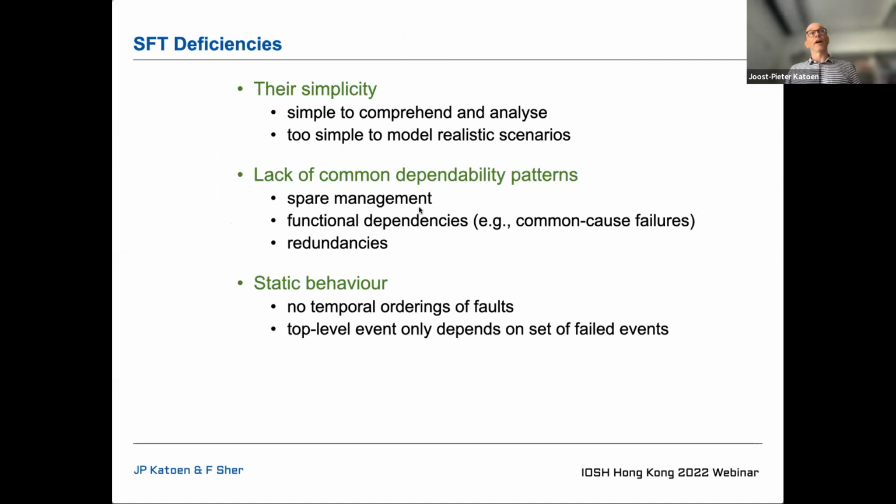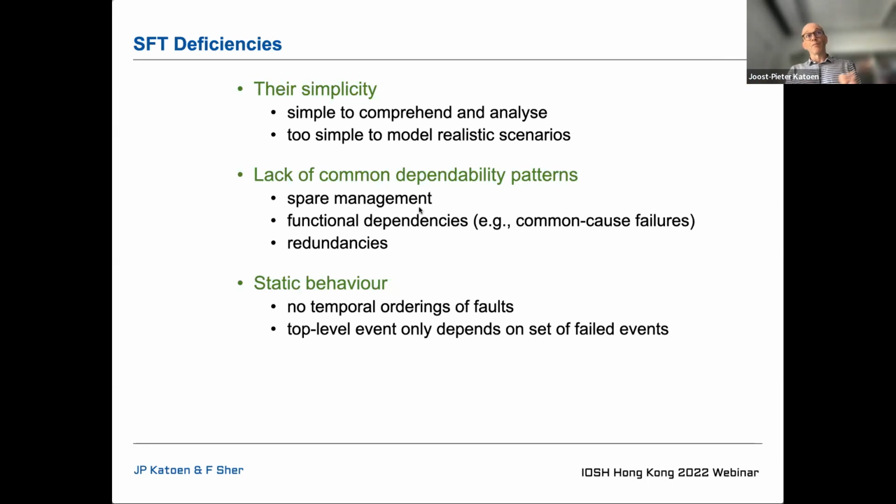If you have elements that can fail and you have spares and you would like to replace a failed element by one of the spares, it is not possible to model this. If you have common cause failures and lots of dependencies, then this is also difficult or even impossible to model using static fault trees. And redundancies you can model, but only in a very restricted way.